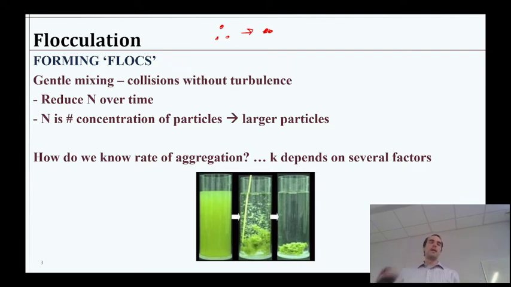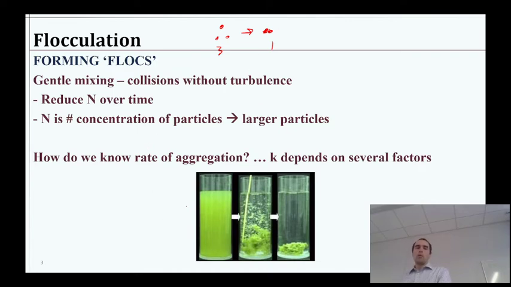So the number, if this was 3 particles per milliliter, this would be 1 particle per milliliter. We've reduced the number. That's what we mean when we have a negative rate equation here. That also means we have larger particles. So whereas initially these were 1 millimeter, now we have 3 of those 1 millimeter particles making some new value here.